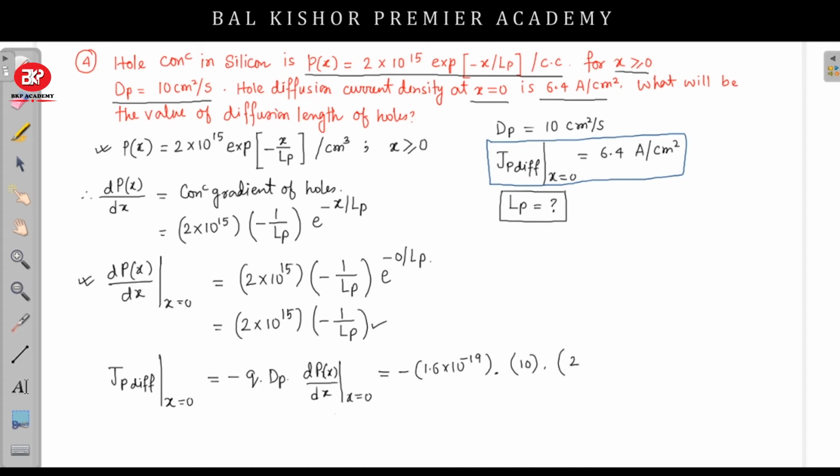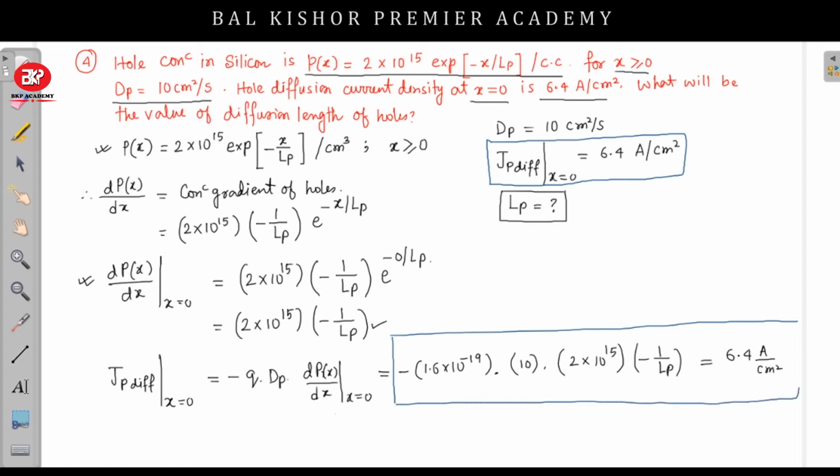So we will get 2 into 10 to the power 15 into minus 1/Lp, and this value is given as 6.4 ampere per centimeter square. So from this equation we can calculate the value of Lp, because only Lp is unknown, all the values are known.